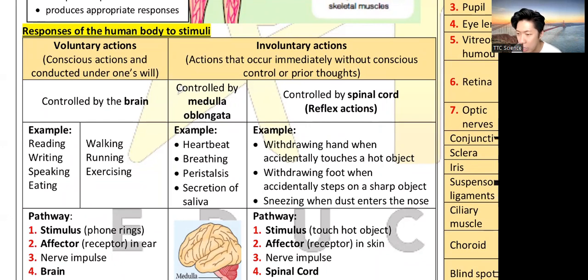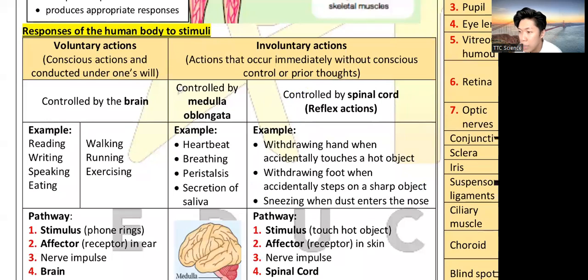You learn faster. Why is sneezing controlled by medulla oblongata? Sneezing is a reflex, so sneezing is not under medulla. Sneezing is under spinal cord. That's how to differentiate between actions controlled by medulla and spinal cord. If it's spinal cord, it must be a reflex. You know what the meaning of reflex is?